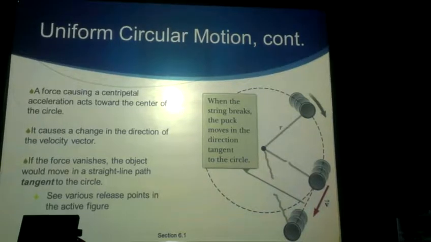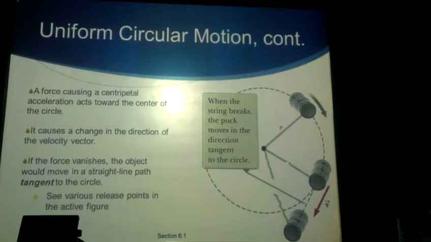We already know that. Let's say, for example, that this puck, or whatever this object is, is moving in uniform circular motion. If this string breaks, we know that that puck is just going to move tangent to that circle, right? So it's just going to continue to move in that linear path that it would have moved in if it weren't for that center-seeking force.